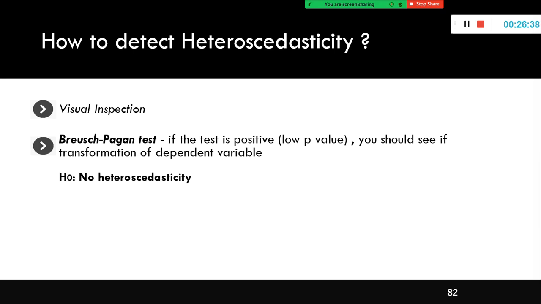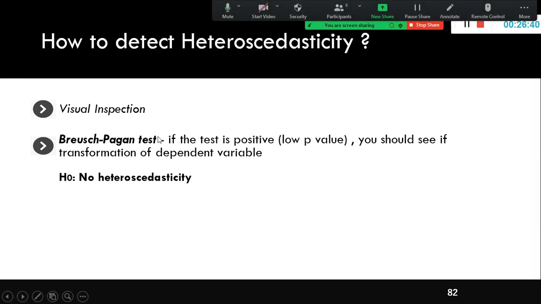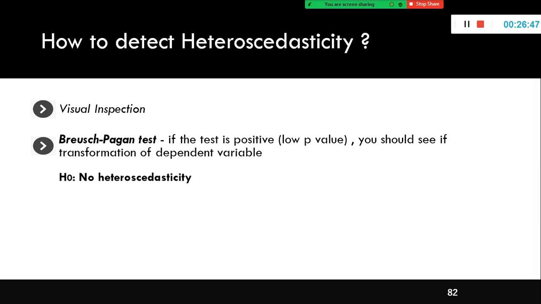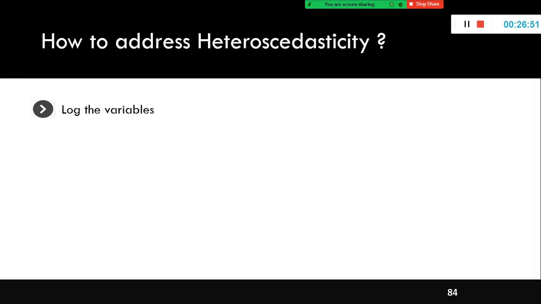If the p-value is less than alpha, you reject the null hypothesis and say heteroscedasticity is there. That is how you can detect it.